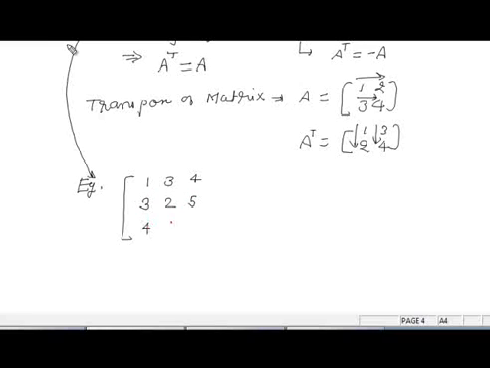Here this should be 4, 5, 6. So what symmetry says is, if I take this diagonal, then about this diagonal, this term and this term should be the same. This term and this term should be the same. This term and this term should be the same. So if I take the mirror image about the diagonal, all the elements should be the same, then it is called the symmetric matrix.